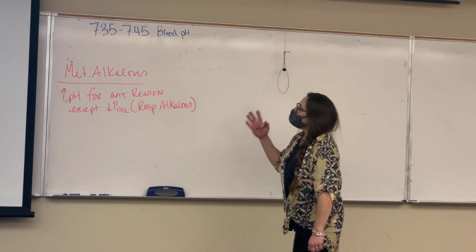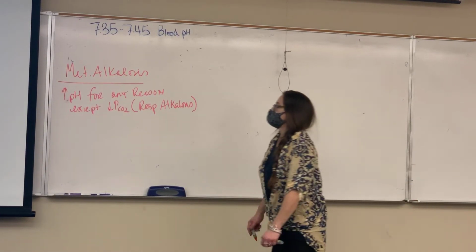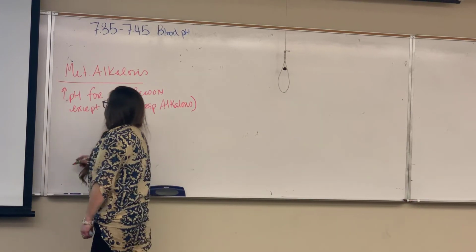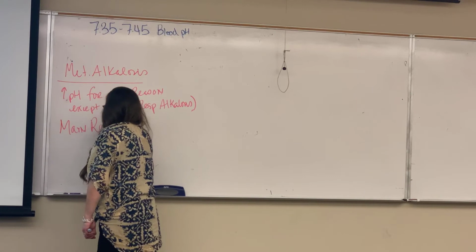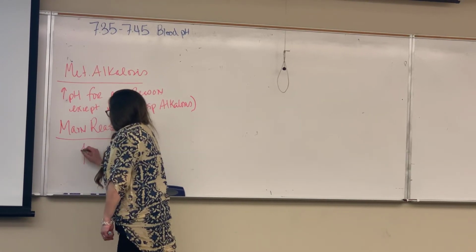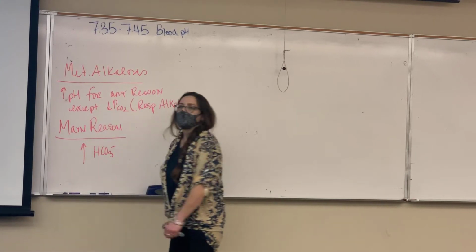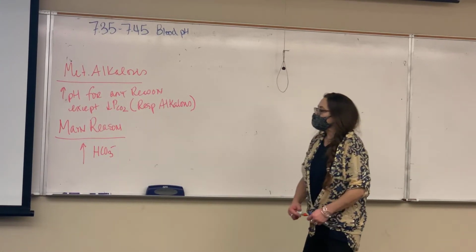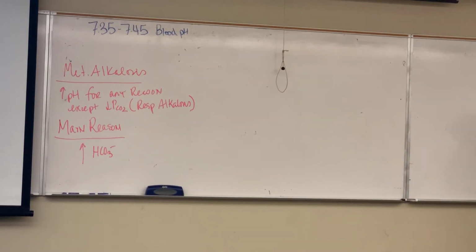Now, the main reason you would see metabolic alkalosis is if you have way too much bicarbonate ion. Again, that doesn't happen very often because typically we have a bicarbonate reserve.